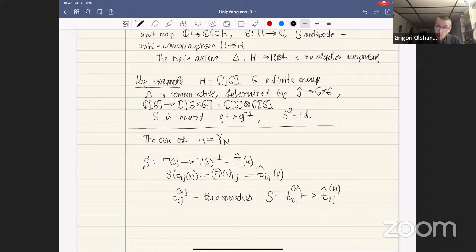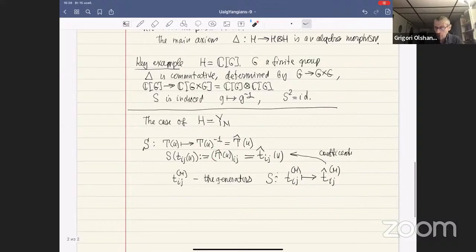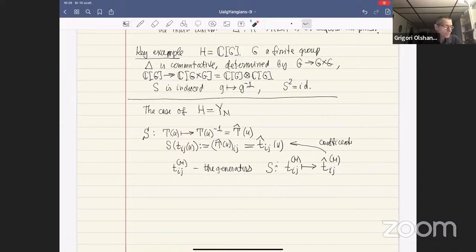And what are these objects? These are coefficients of this generating series, and this generating series comes from this matrix, and this matrix is this one. So this is the definition, but we need to check its correctness.